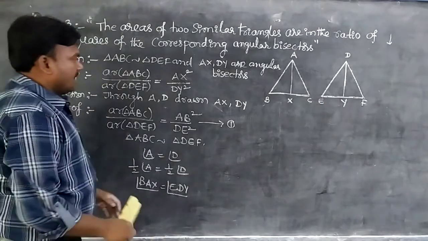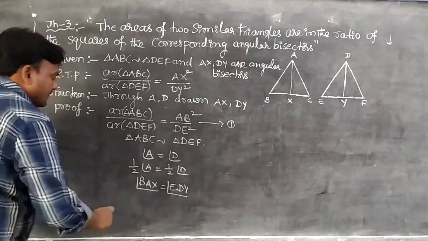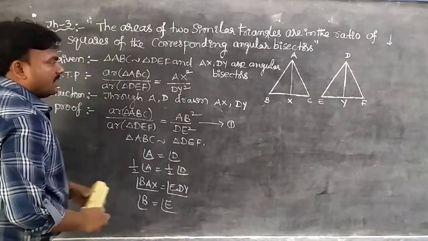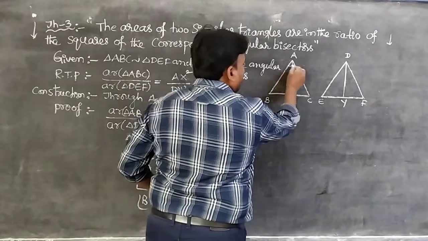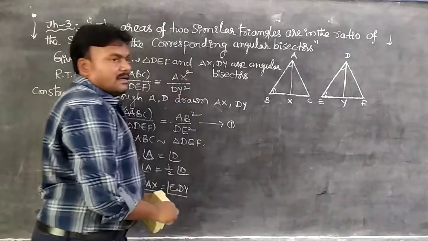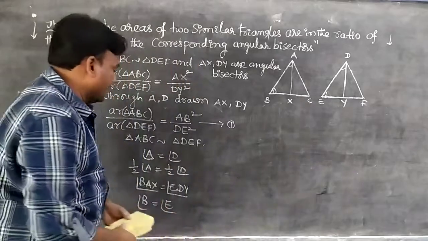Here observe, angle B equals angle E. Why? Because both are similar triangles. Then that implies angle B equals angle E. So here angle BAX equals angle EDY. Both angles are equal, and here also angle B equals angle E. By AA similarity, both triangles are similar to each other.